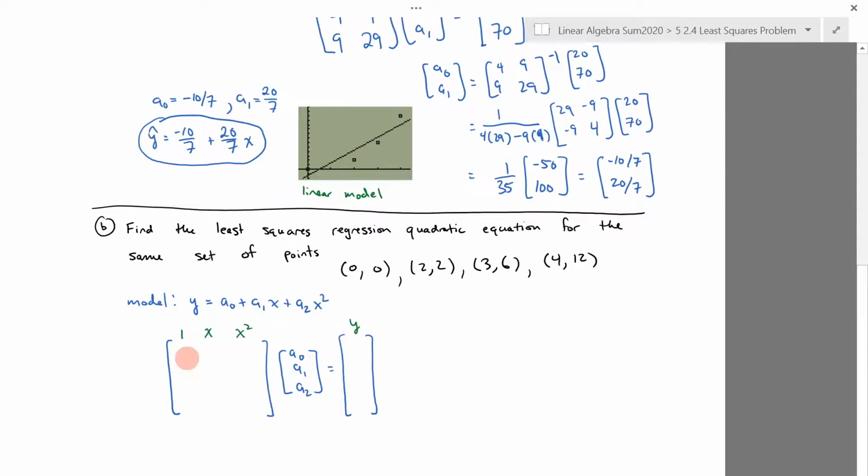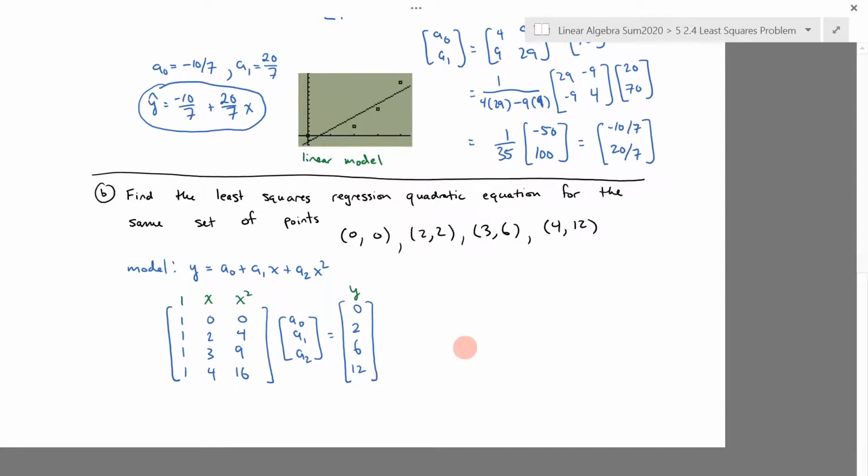This is all 1s, 1, 1, 1, 1, then all the x's, so 0, 2, 3, 4. Then I square the x's: 0 squared is 0, 2 squared is 4, 3 squared is 9, 4 squared is 16. And then these are the y values: 0, 2, 6, and 12. So this is our equation Ax equals b.